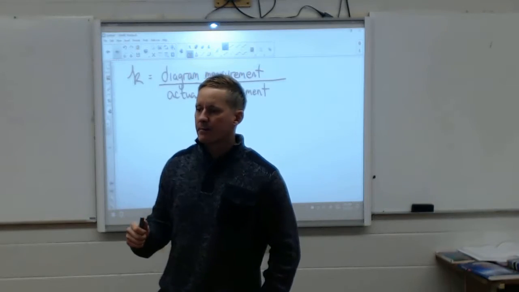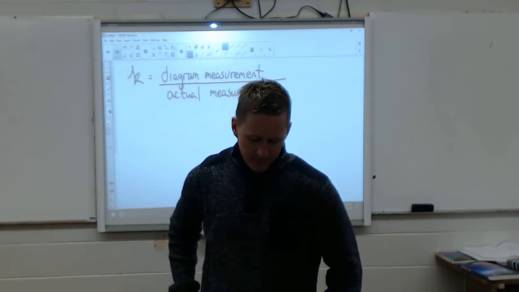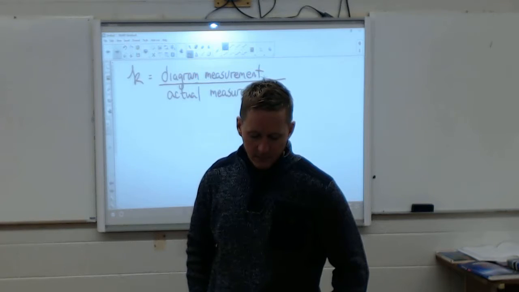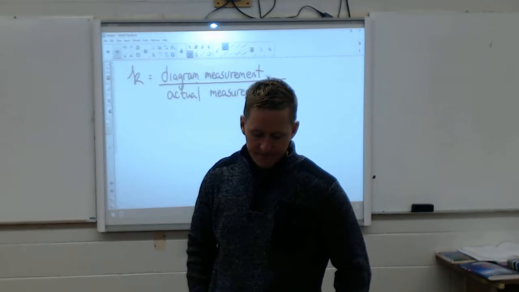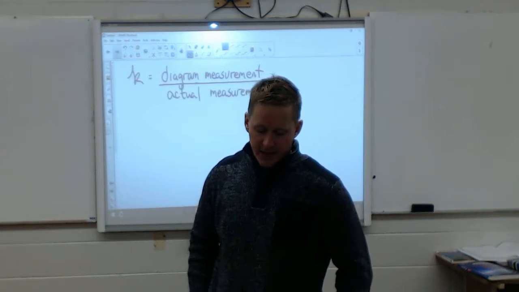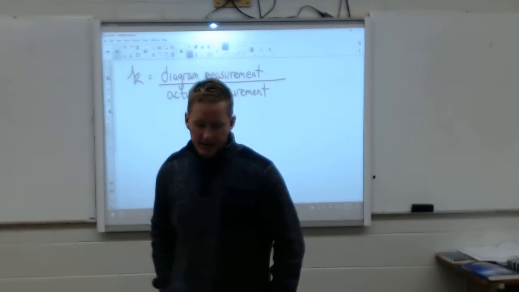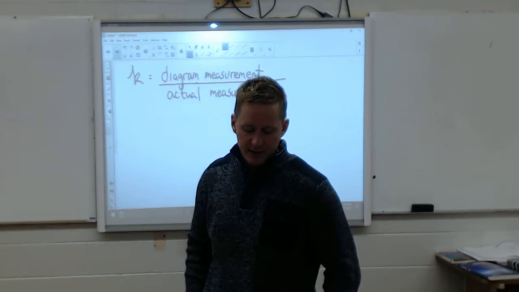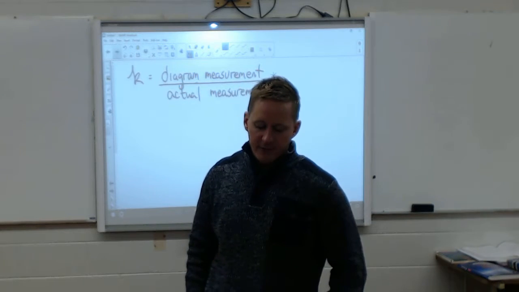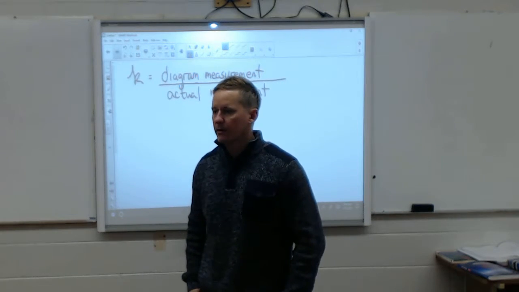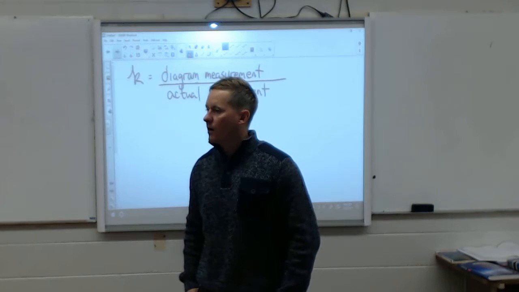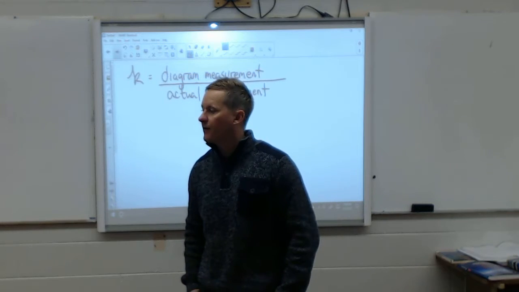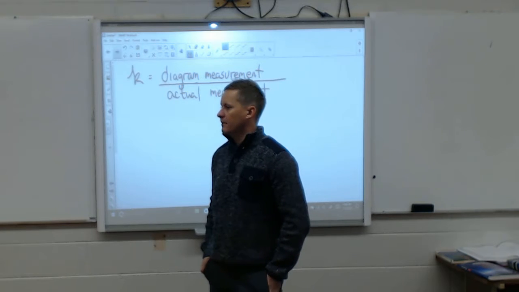So your diagram to your actual measurement. So an example, if a desk is 150 centimeters long and is drawn in a diagram as 15 centimeters long, then the K factor is 15 centimeters, because that's your diagram, to 150 centimeters, which is a K factor of 0.1. All right?